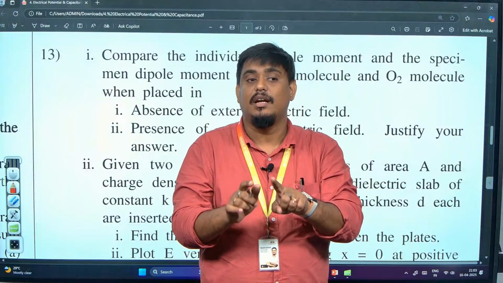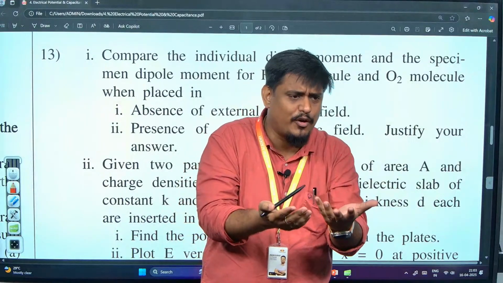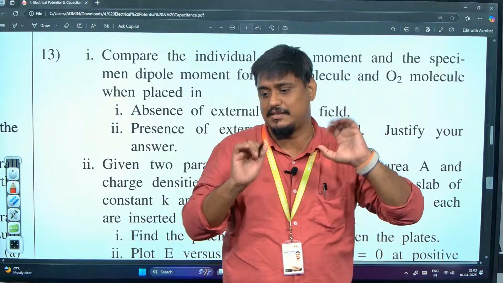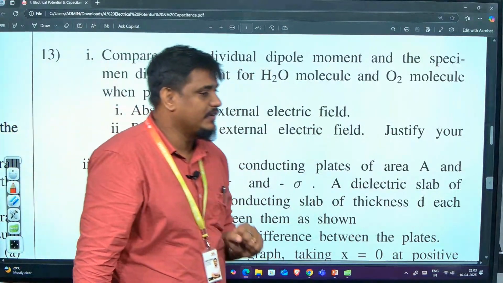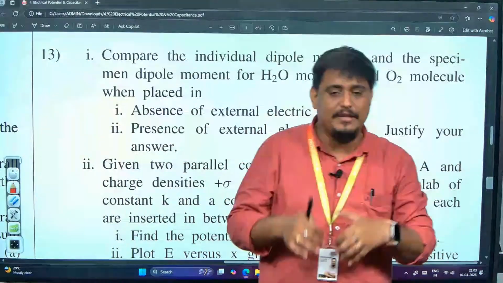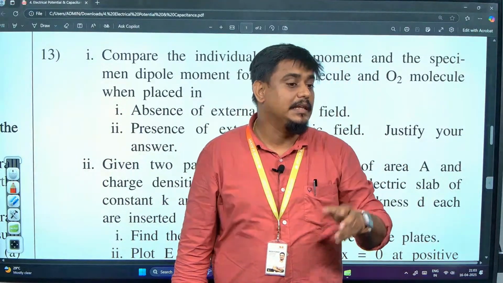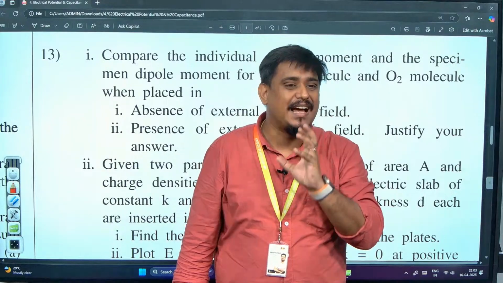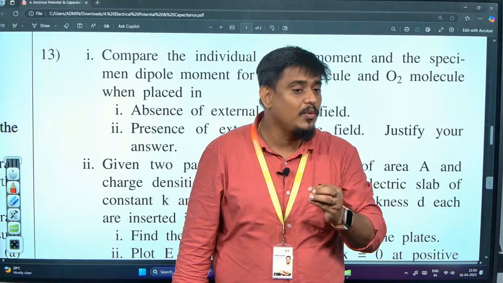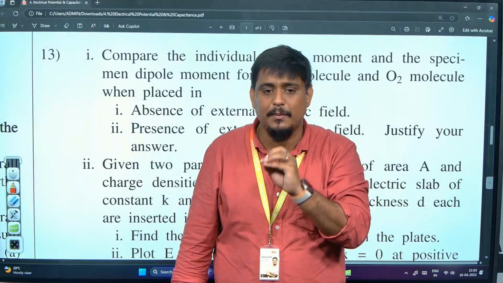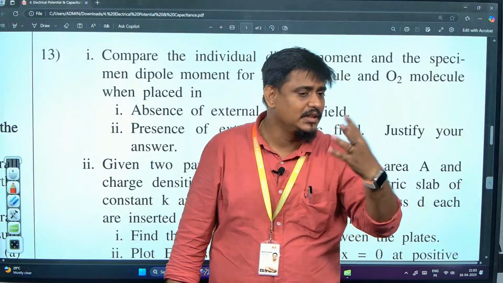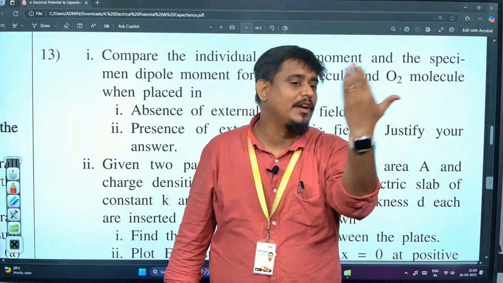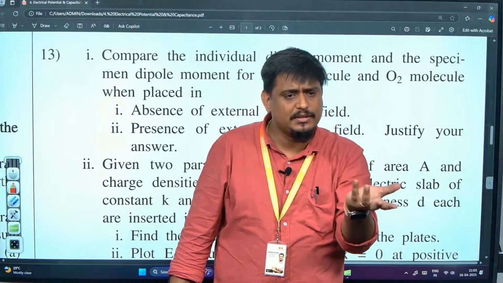And the net dipole moment will obviously be 0 for a substance of non-polar molecules. Second part, presence of external electric field. In an electric field, the polar molecule substance will now have some dipole moment, because all dipoles will arrange themselves in the direction of the electric field.